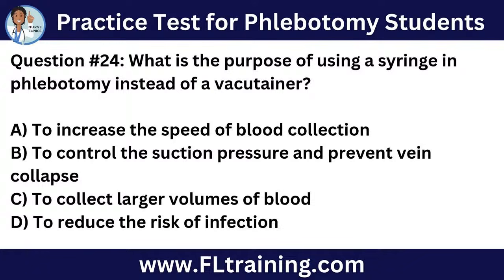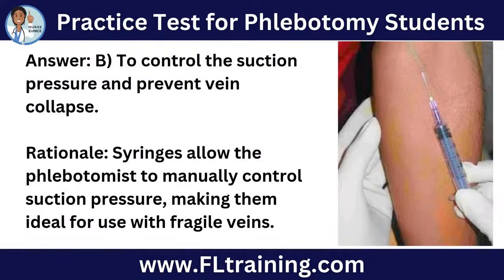So for this one, it's not D, but you're learning something new this evening, and I love it. For this one, it's going to be B, to control the suction pressure and prevent vein collapse. So in the image, we have someone using a needle with a syringe in order to withdraw the blood. So they pull back on the plunger.